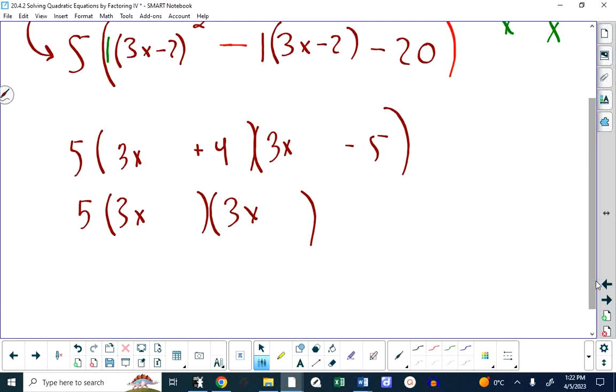It is 3x minus 2. Thank you, Gustav. So it's 3x minus 2. Good catch. This becomes 3x minus 2 plus 4 is plus 2. This becomes minus 7. Is that better? Okay, thank you for pointing that out.